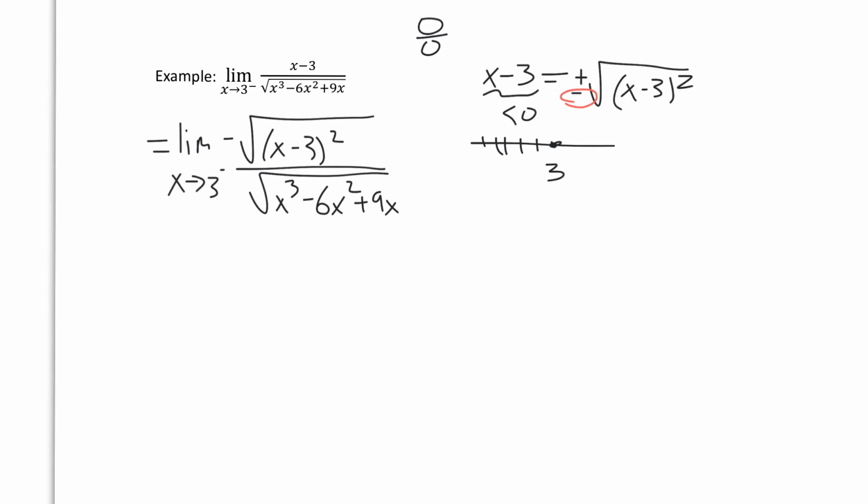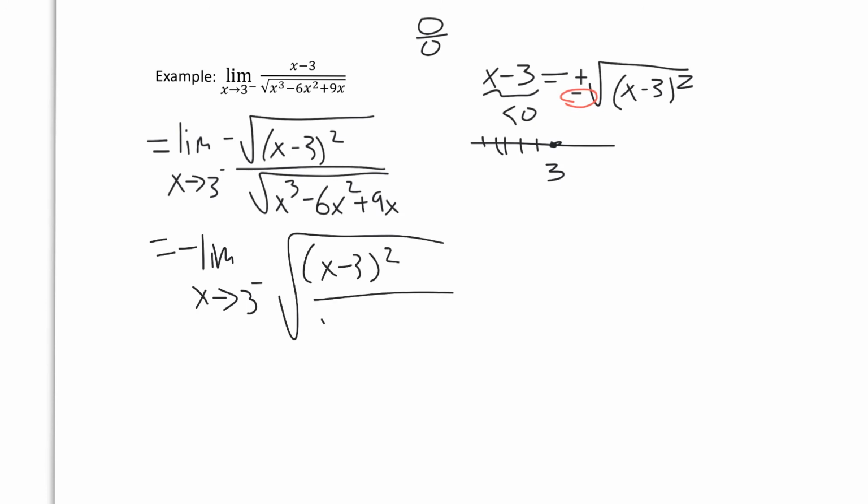And also there's this negative sitting here. The negative is like a constant, and one of the limit laws allows us to take the negative outside. So we'll take the negative outside of the limit, and we're going to square root the whole thing. So x minus 3 squared over x cubed minus 6x squared plus 9x.